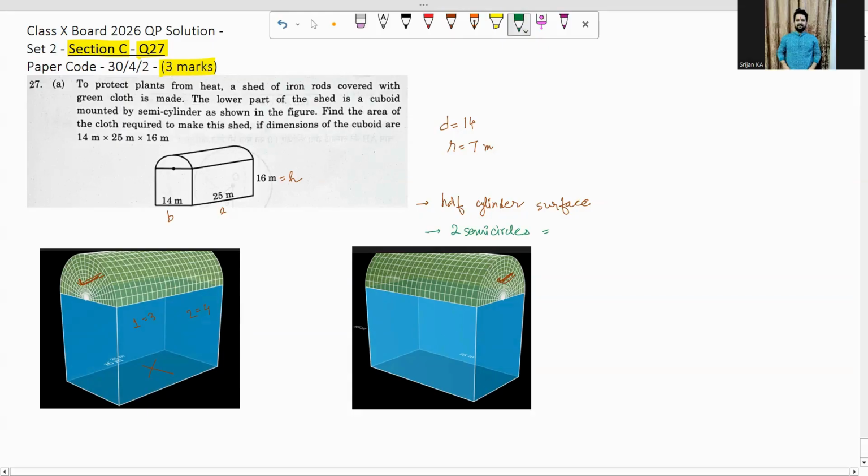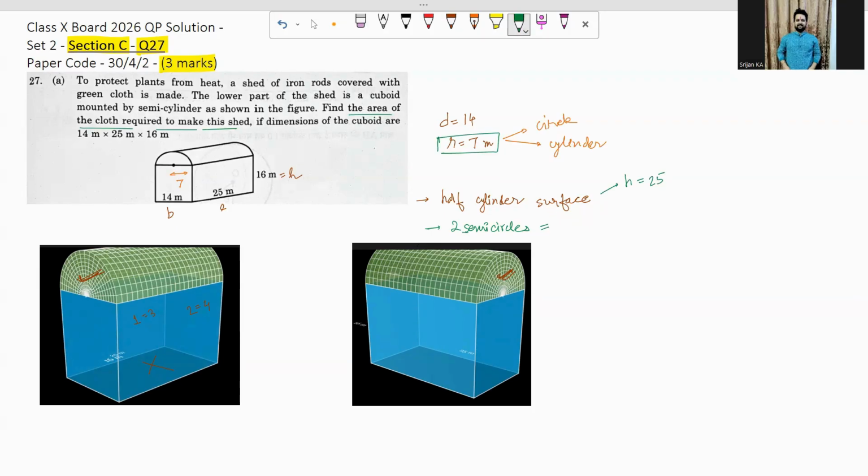So for the cylinder, the height is 25. For the surface area, the cylinder surface is like this. This is the curved part. This is the longitudinal part. I'm just flattening it. If you imagine the curved part for the whole area, the whole length is the circumference of the circle, which is 2 pi r, and this is the height of the cylinder.